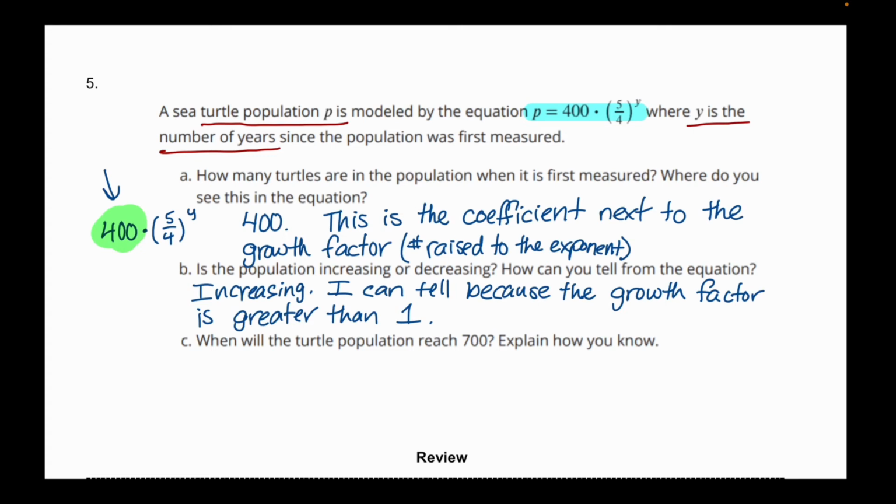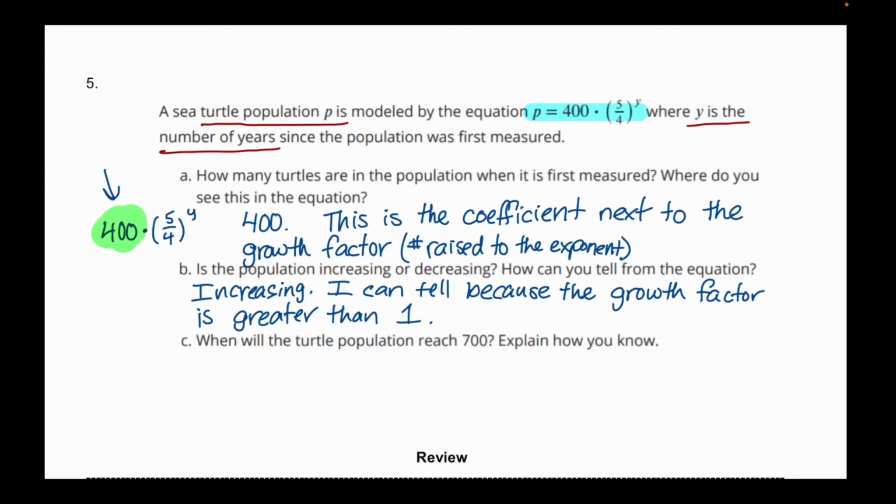I know you can't see what I'm doing, but I just want to explain as I go what I'm looking at. So I'm putting 5 over 4, and then I'm just going to try raising this to different exponent values. So first I'm going to try after 1 year and just see what that is. Well, that's 500. So if I try 5 years, I'm at 1,220. So they grow pretty fast.